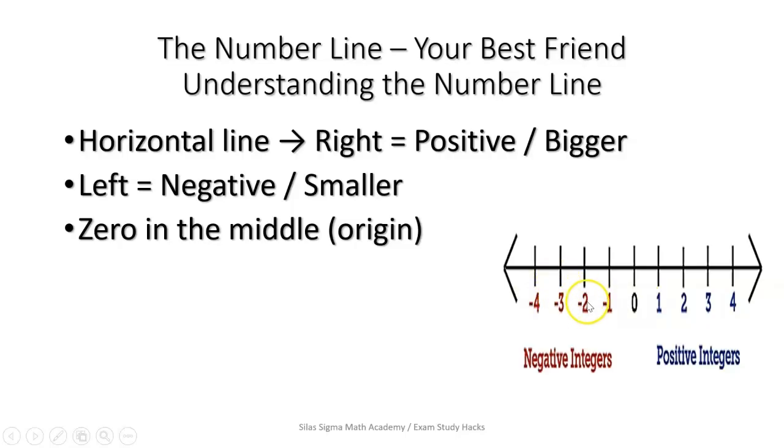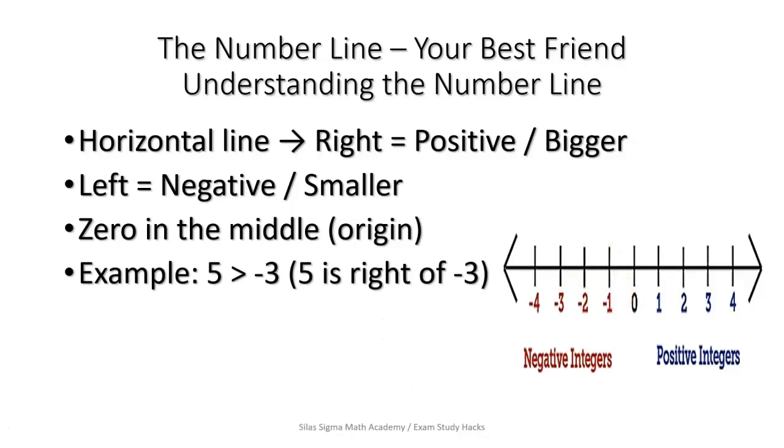Negative 3 is less than negative 2, and negative 2 is less than negative 1. So when we talk about all the negative integers, the biggest among them is negative 1.